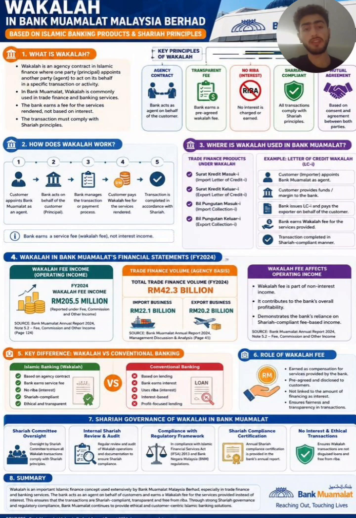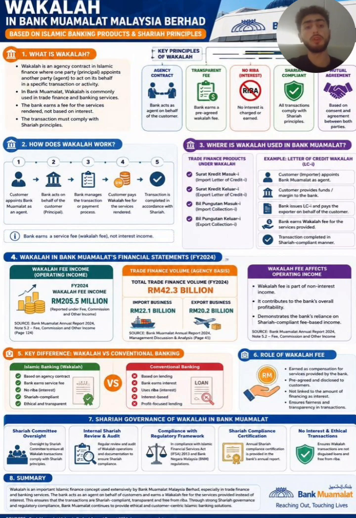This certification demonstrates that the bank's operations have been reviewed and approved from a Sharia perspective, which strengthens public trust and credibility. Overall, Sharia governance acts as a control mechanism that ensures Wakalah remains transparent, ethical, and genuinely Sharia compliant.